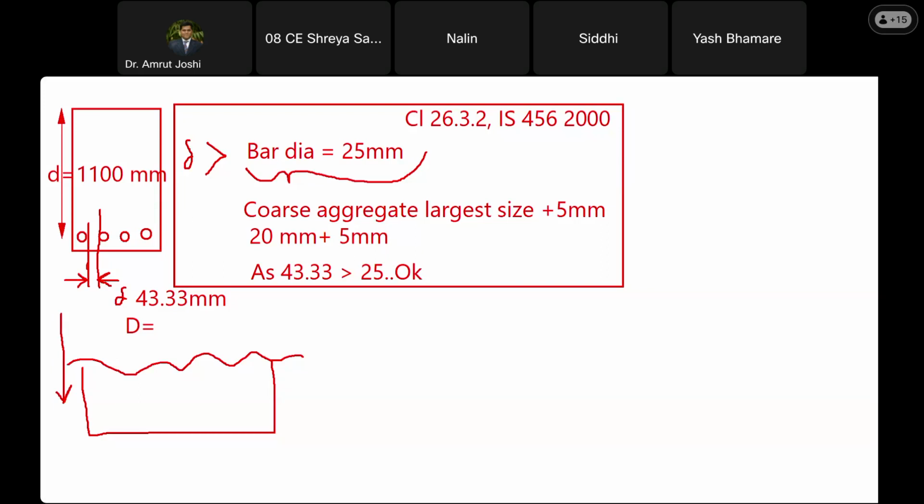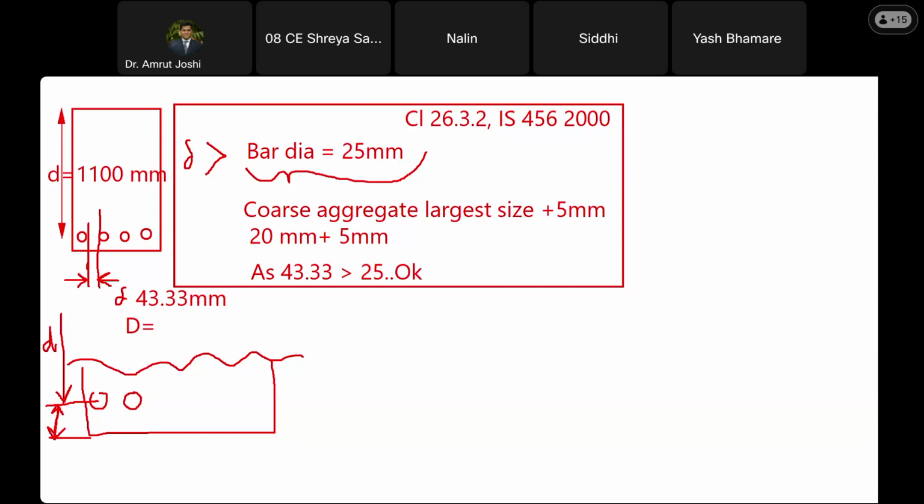Are you with me? Yes, sir. So till which point is this distance? It is till the centroid of these steel bars. Now, to compute capital D, I have to add this distance to small d, isn't it? Yes. So this distance needs to be added.